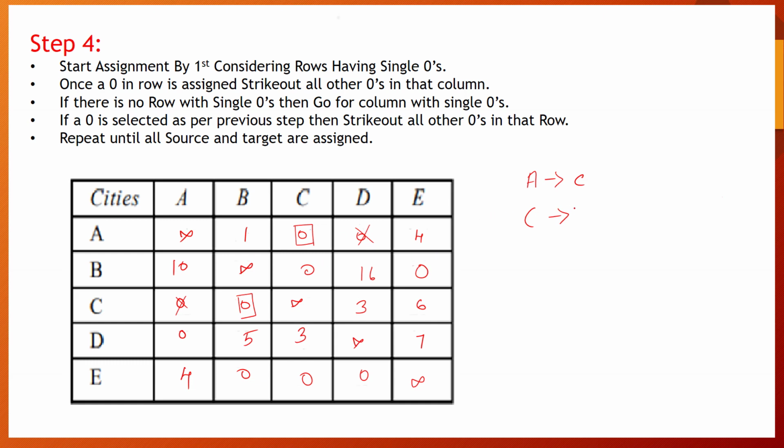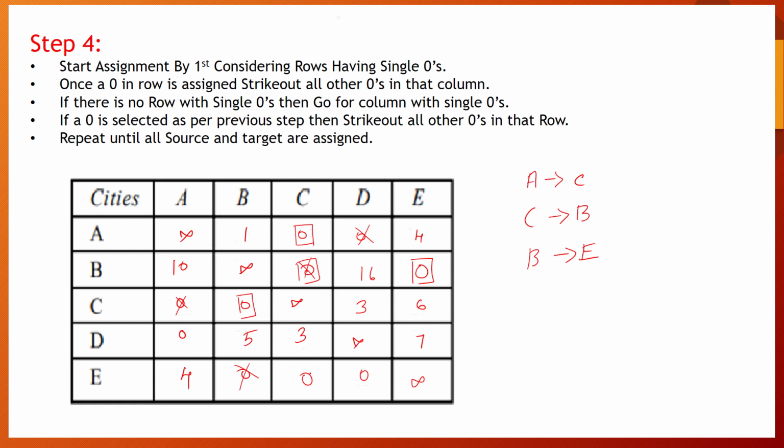So let us make it that from C he goes to B. From B we know that he will go to E, so let me box this out. And then he will go to E. Now we need to see from E where he will go. From E he cannot go to B because B is already covered, so cross this out.